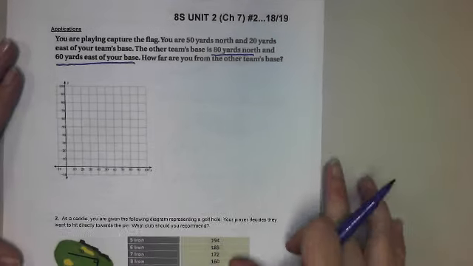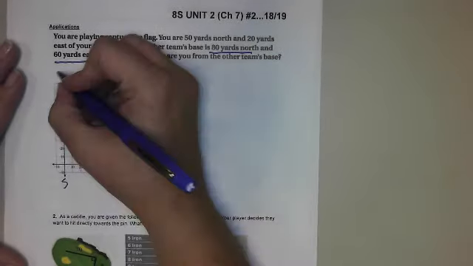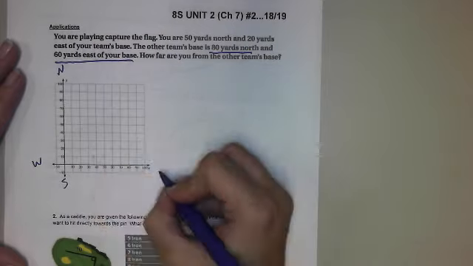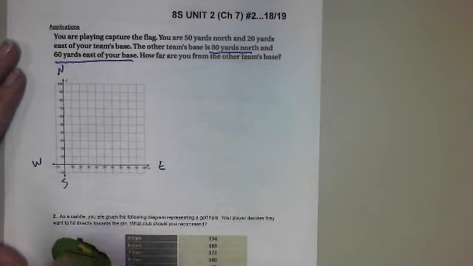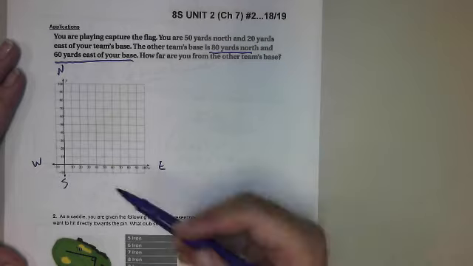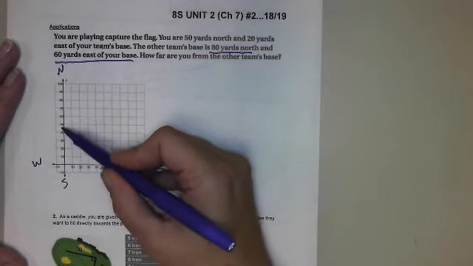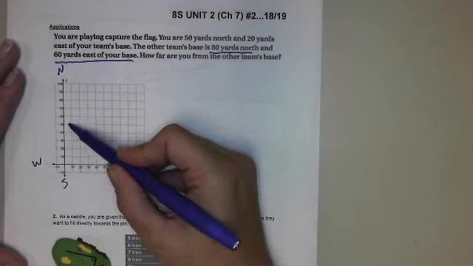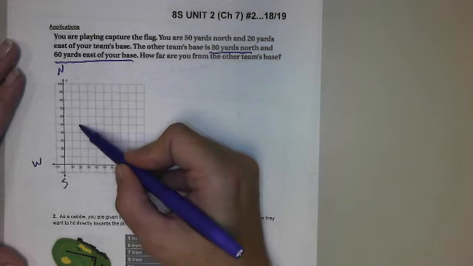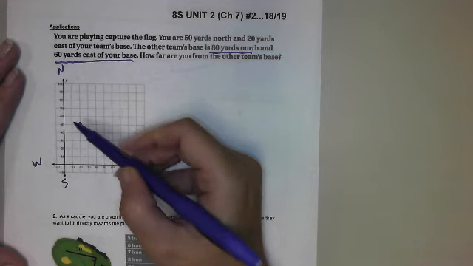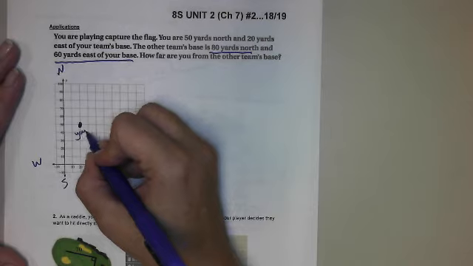Well, we know that this is south, north, west, east. So let's start at the origin and count out 50 yards north. That's 10, 20, 30, 40, 50. And then we're 20 yards east. Okay, that's where you are, so we're going to label that you.